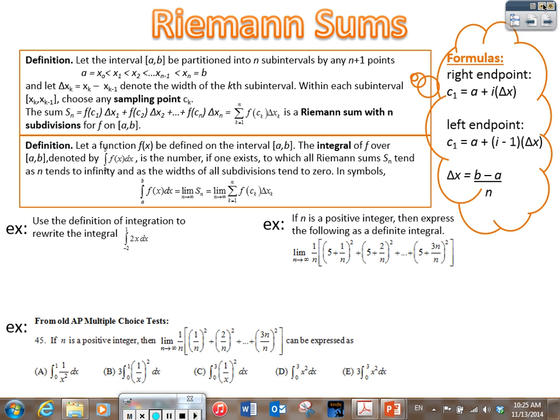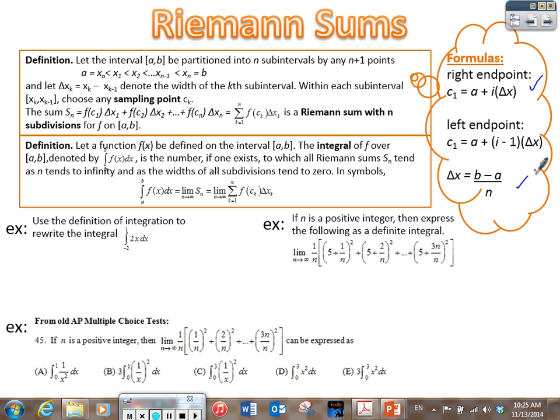Okay? It would be kind of fun to go through all the text and explain every little thing about all those words up there, but actually there are only a few things that we need to know. These formulas are primary. We need to know the right endpoint formula and the delta x formula.